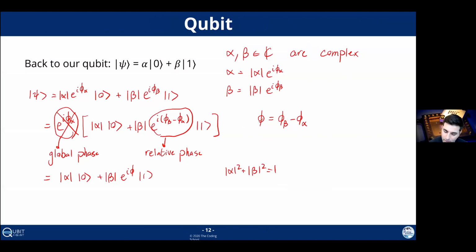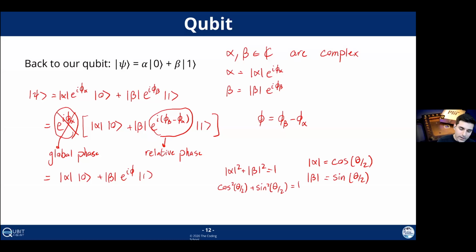Okay, so if I say that magnitude alpha is equal to cosine of some other parameter theta over 2, and magnitude of beta is sine of theta over 2, then magnitude alpha squared plus magnitude beta squared gives me cosine squared of theta divided by 2 plus sine squared of theta divided by 2. And that is equal to 1.